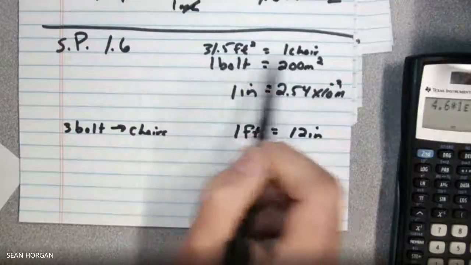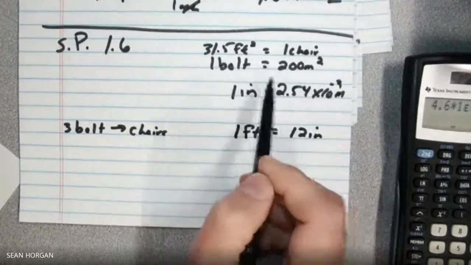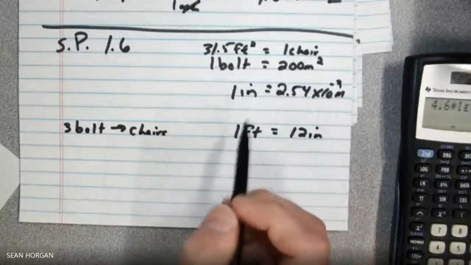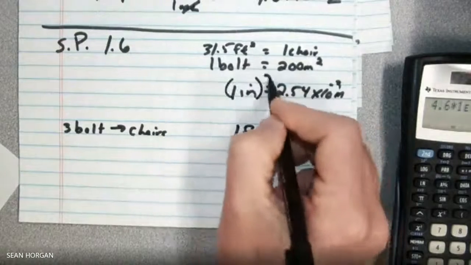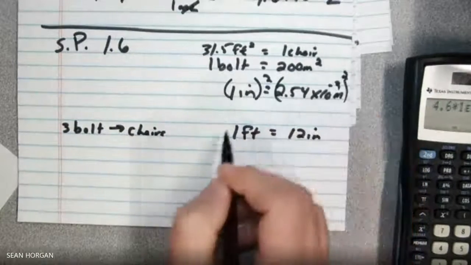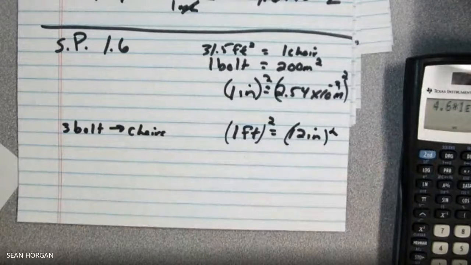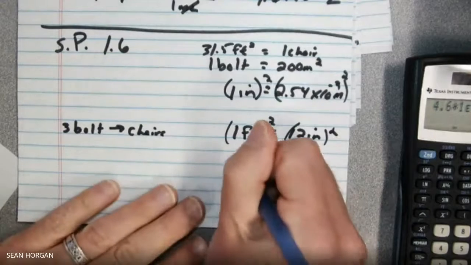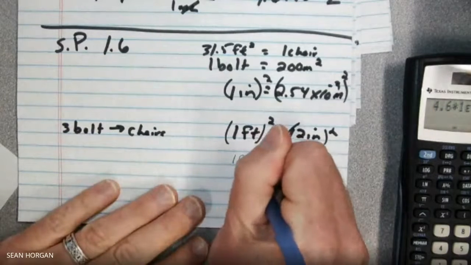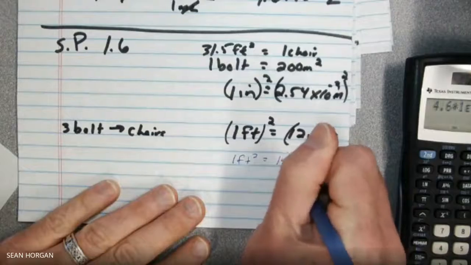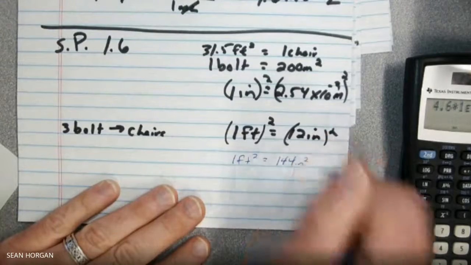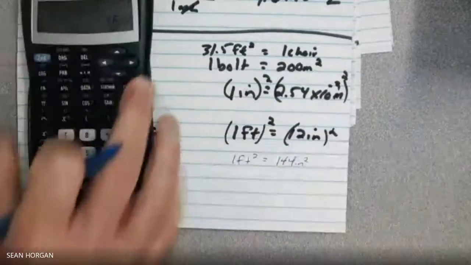Now, these are areas, and they're squared, so I'm going to do the same thing in my conversion factors. I'm going to square them. I'll square this one first because I can do that one in my head, and the other one I'm going to do on the calculator.